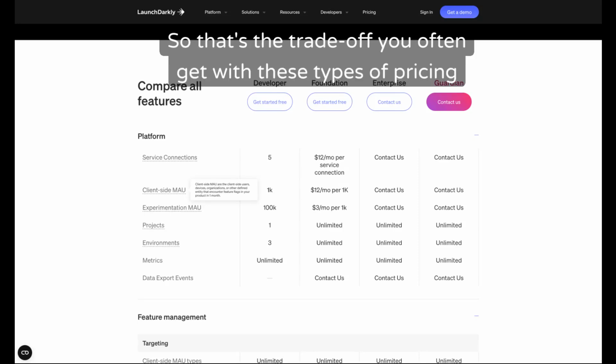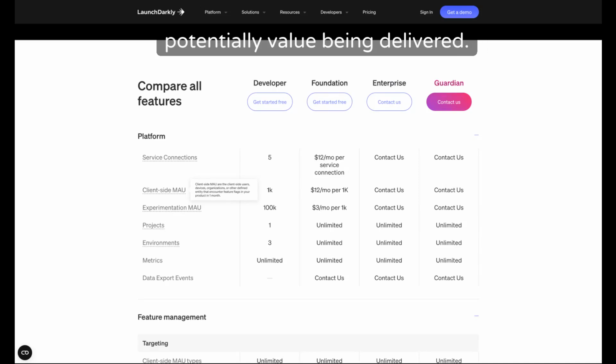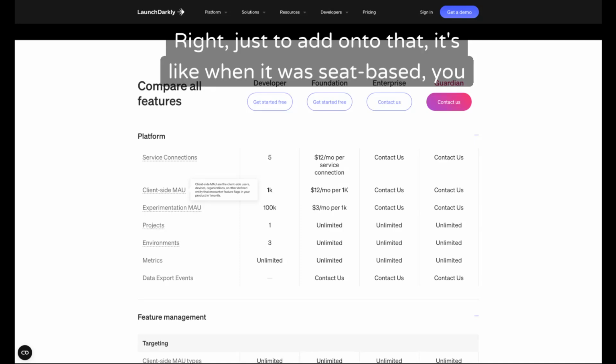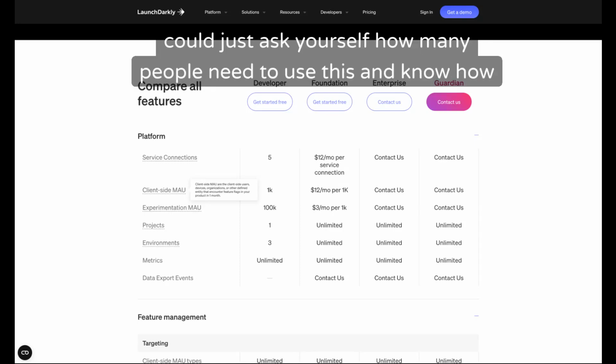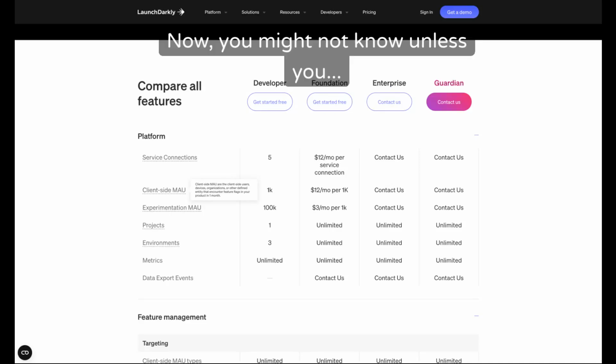So that's the trade-off you often get with these types of pricing schemes: you're trading simplicity for accuracy to the cost and potentially the value being delivered. Right. And just to add on to that, when it was seat-based, you could just ask yourself how many people need to use this and know how much you're going to pay. Now, you might not know.